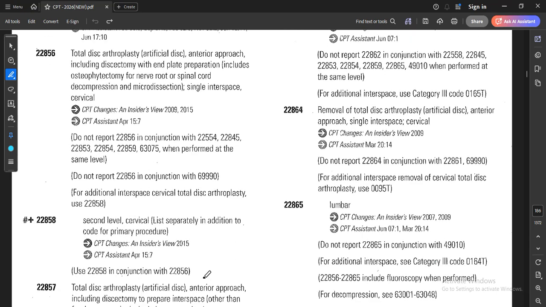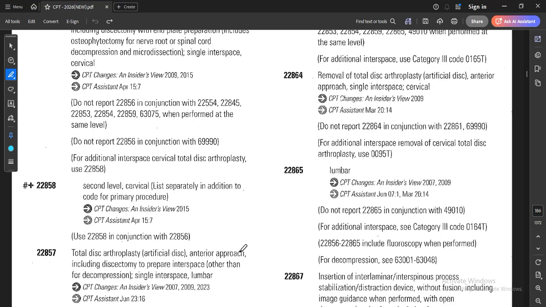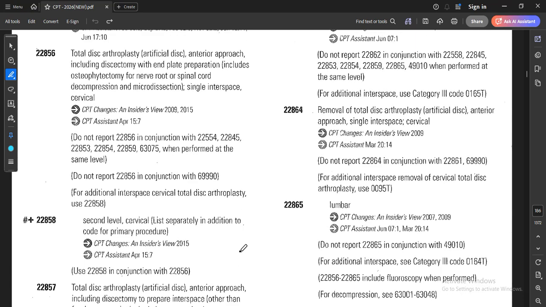Okay. Next we have 22856, total disc arthroplasty, anterior approach including discectomy with end plate preparation, single interspace, cervical, second level, cervical. Okay. What is arthroplasty, guys? Surgery in the joint. That is correct. What is the exact definition? Fixation of joint. Yeah.